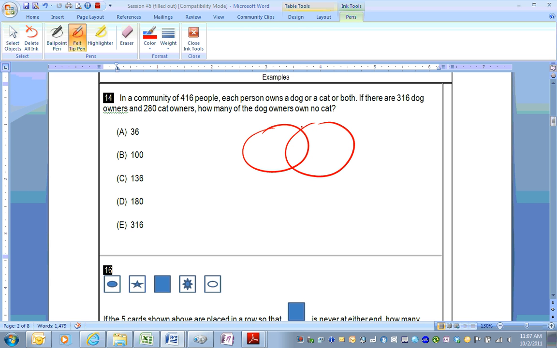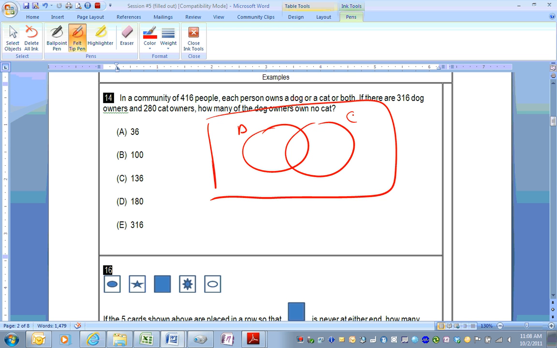Venn diagram could help. So they usually like to draw a box around as well, because there could be some people who don't have a dog or a cat. But of course, they say everyone does have a dog, cat, or both. So I made the left circle dogs, the right circle cats. There's 416 people total, 360 dog owners, 200 cat owners.